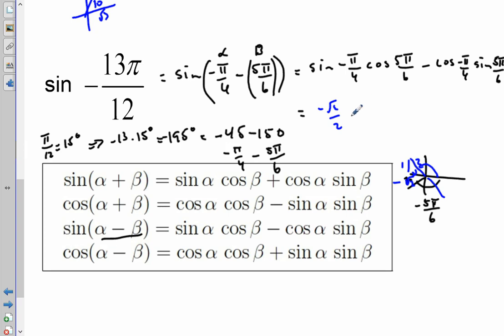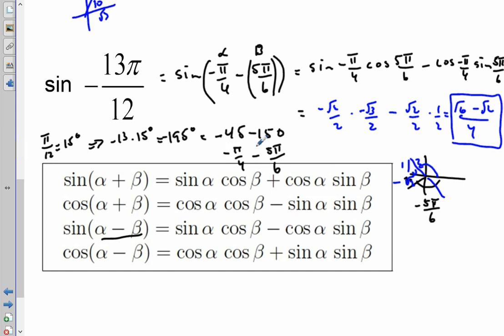So cosine is going to be negative square root 3 over 2. And then we have minus square root of 2 over 2, because cosine of negative pi over 4 is positive. And then sine of that is going to be 1/2. Simplifying, square root of 6 minus square root of 2 over 4 would be our answer.